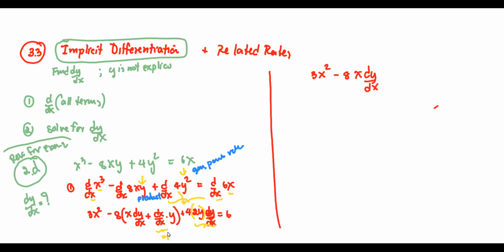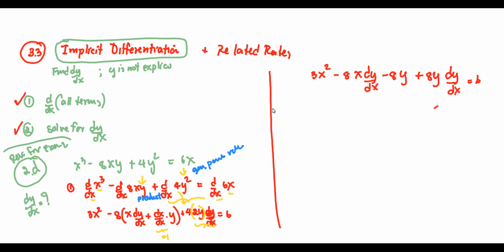Now we have the second term as plus 1 times y, but multiplied by 8, it's going to be negative 8y, and then plus 8y dy by dx equals 6. So we simplify until we see individual terms after we apply the derivative with respect to x. And then step number 1 is done.